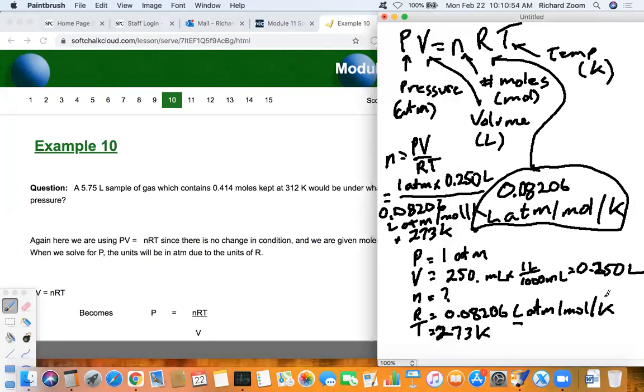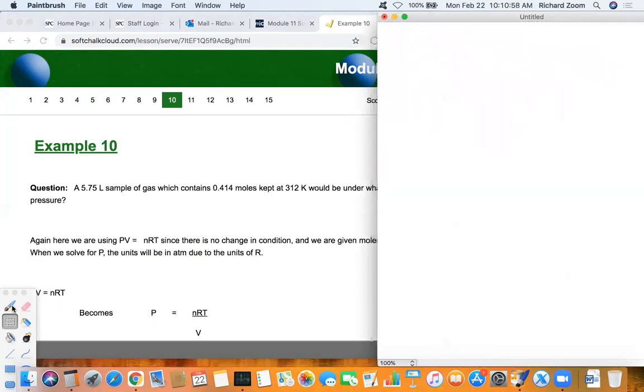So we'll do something a little bit different here. So again, it's a PV equals nRT problem. We know this because it's got moles in it, and there's only one set of conditions as well. The other ones, we're dealing with 2 different sets of conditions.